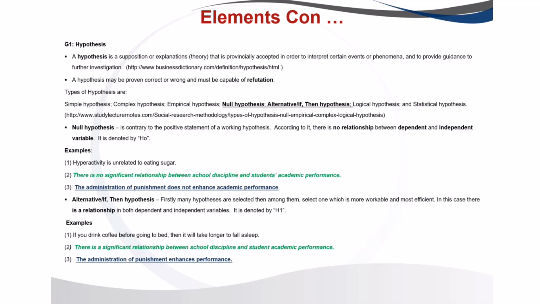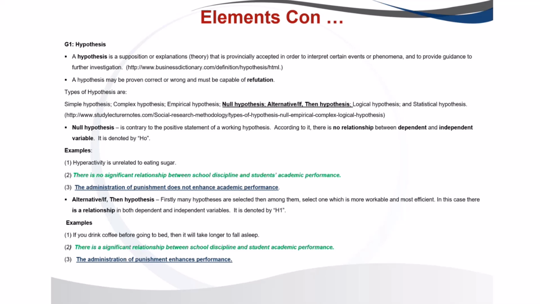Okay, look at this example. Number 1 under null hypothesis, and look at number 1 under if and then hypothesis. Number 1, hyperactivity is unrelated to eating sugar. It's a null hypothesis. There's no relationship. In other words, there is no relationship between eating sugar and being hyperactive.